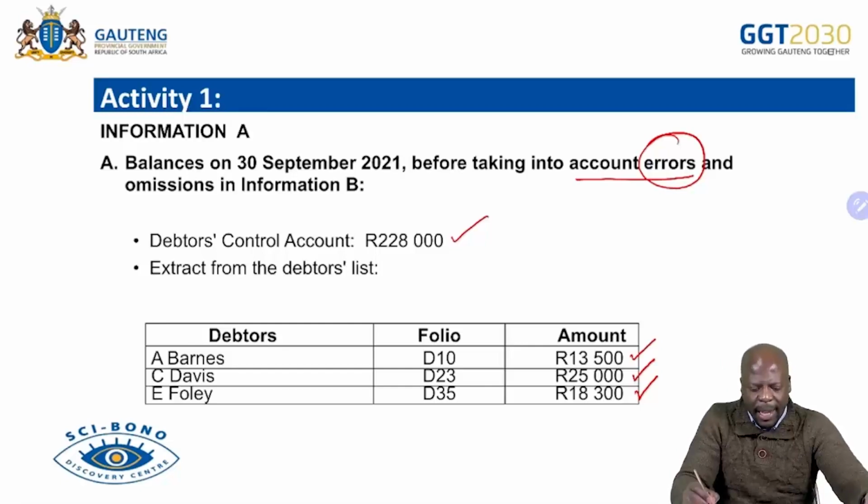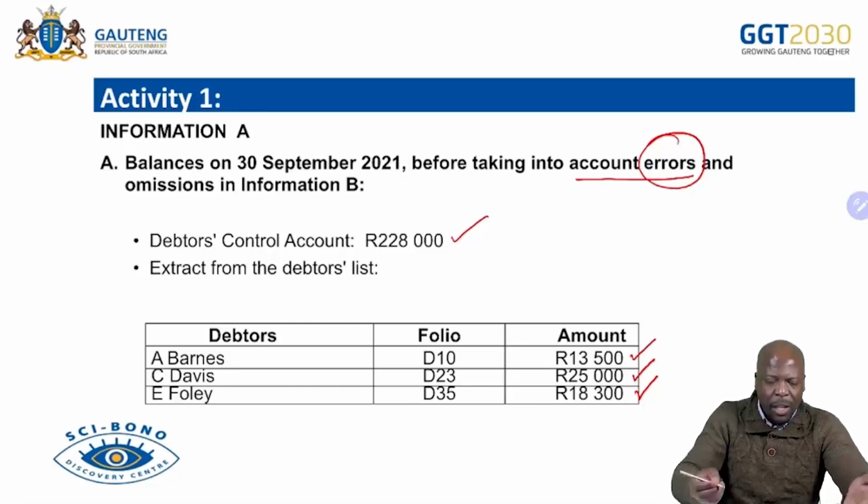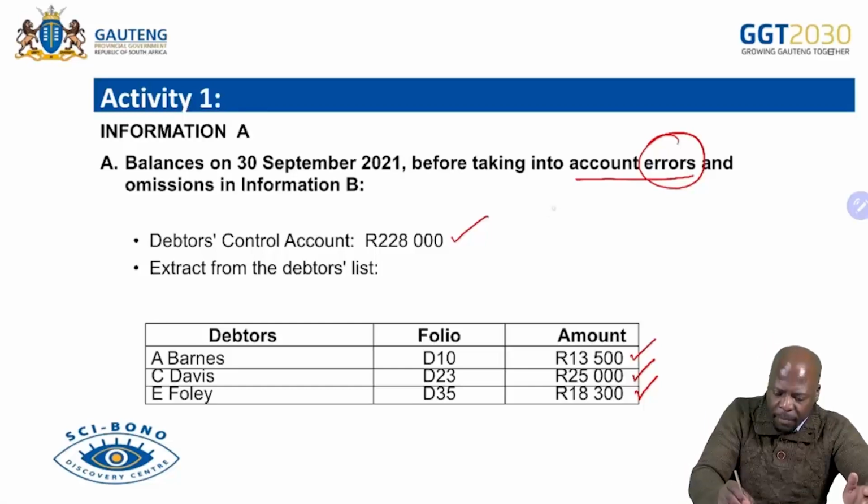What I always tell my learners is, once you are given this, go and put them in your answer book. In other words, if I were to do a T account, I would simply say on my debtors control, this would be my debtors control. Remember, it's a plus and here it's a minus. So here you'll be having your balance and you'll be having your 228,000 already.